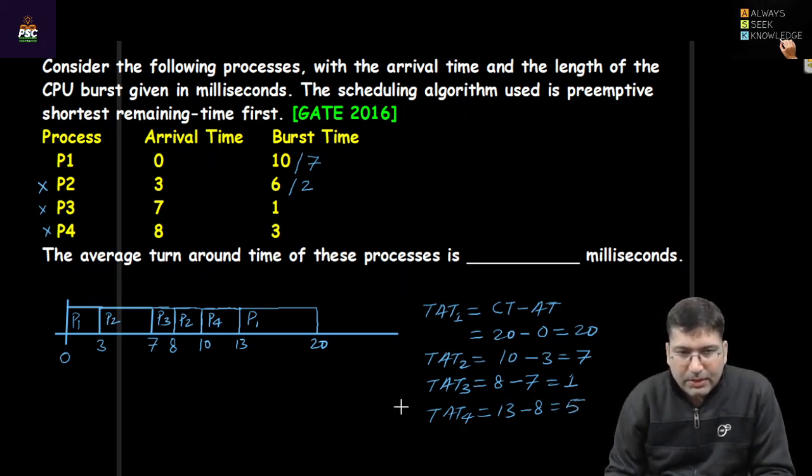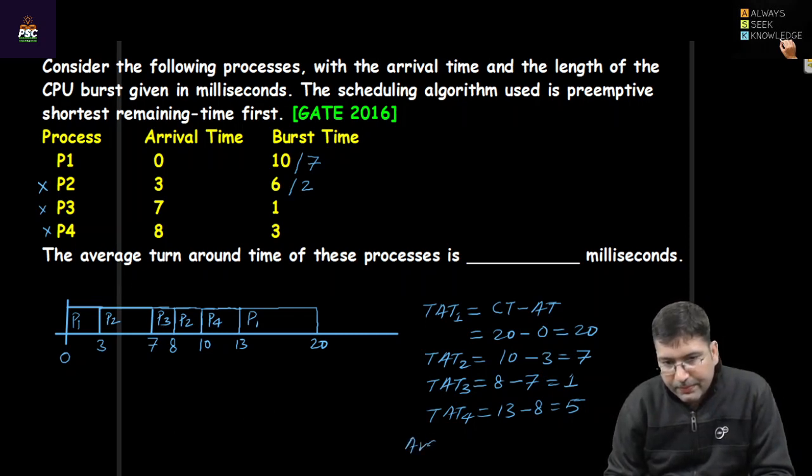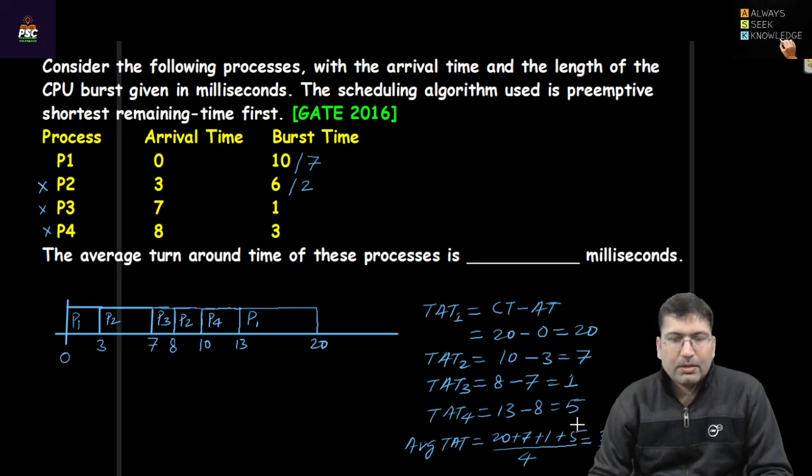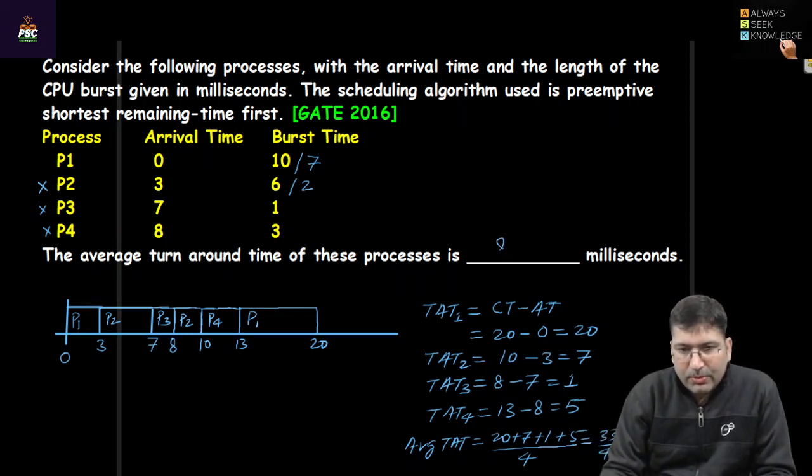Because we need to calculate the average, the average TAT of the system will be 20 plus 7 plus 1 plus 5 divided by 4. So it is 27 plus 6, that means 33 divided by 4, which gives us 8.25. So the answer of this question will be 8.25.